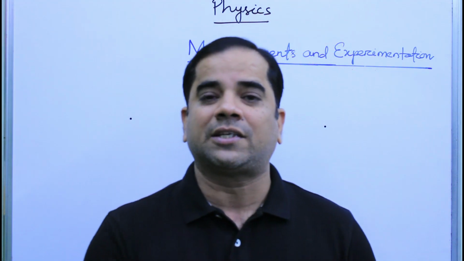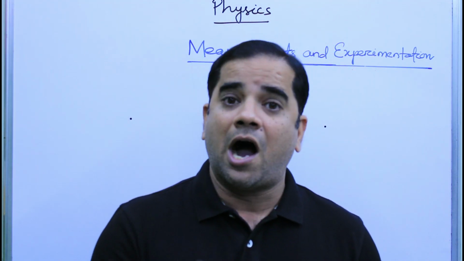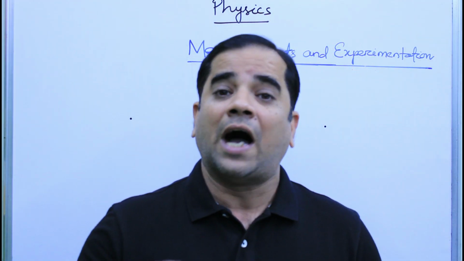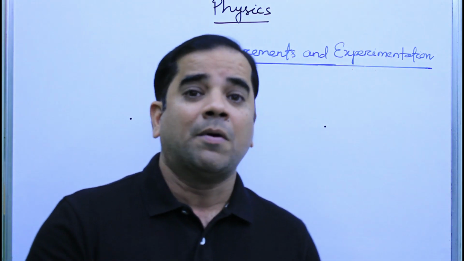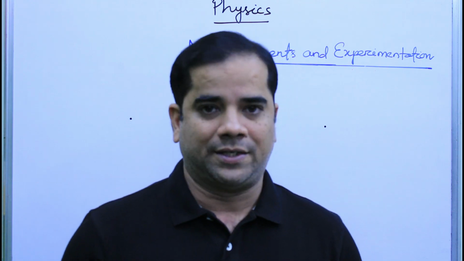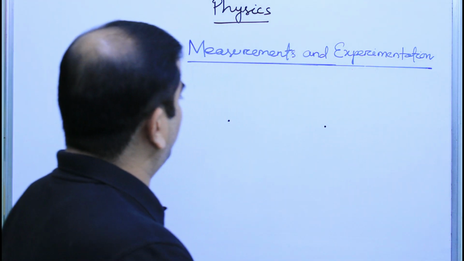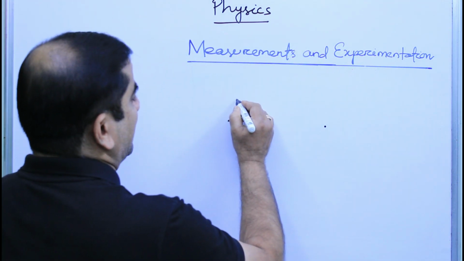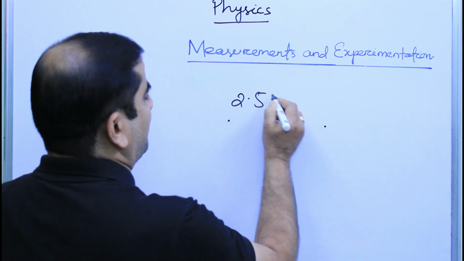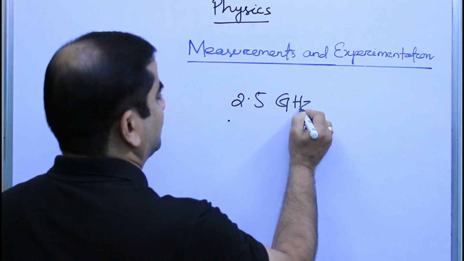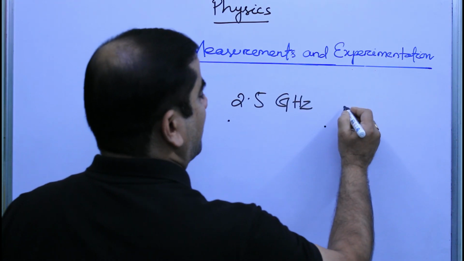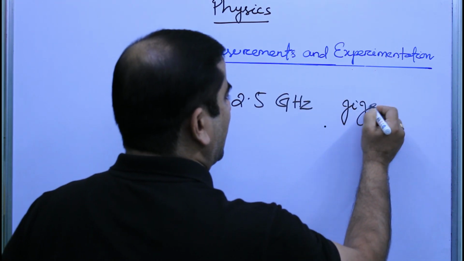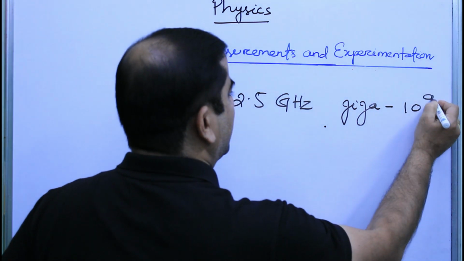Students, let us now discuss a small example to understand how a physical quantity with higher measurement unit can be represented in terms of its lower measurement units. Okay. So, for example, if I write 2.5 gigahertz. From the table, you might have understood that giga is 10 to the power 9.